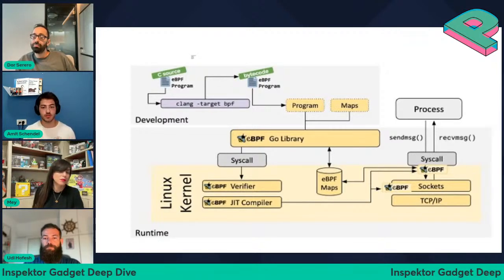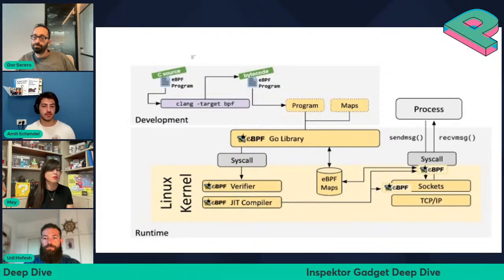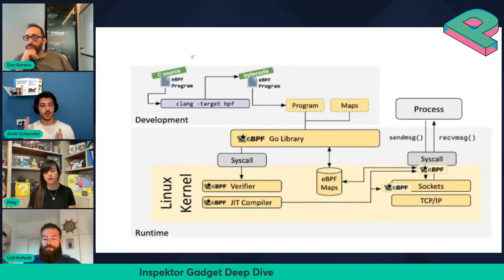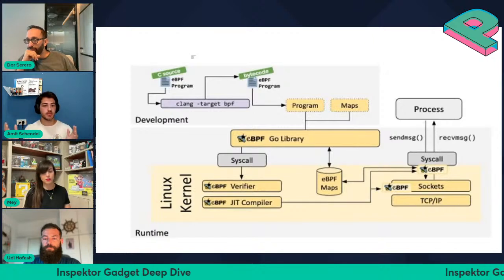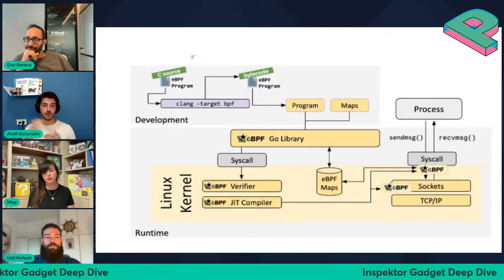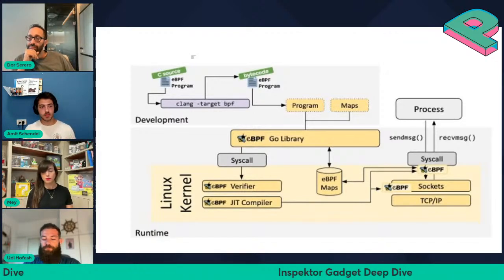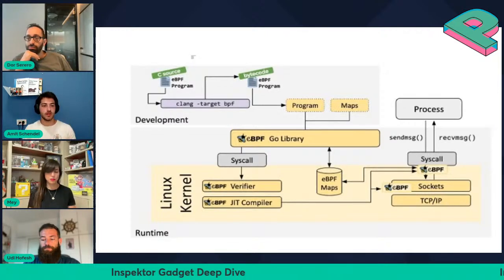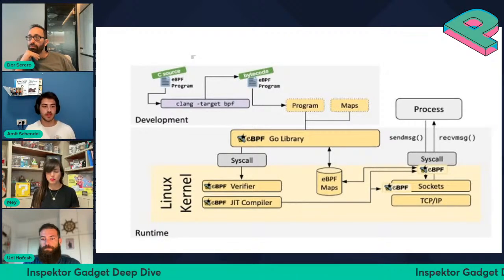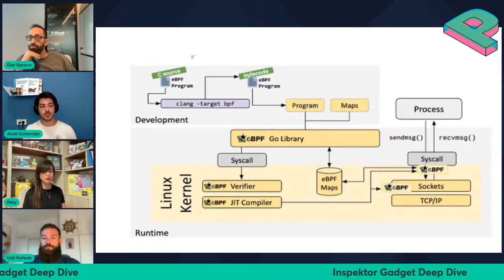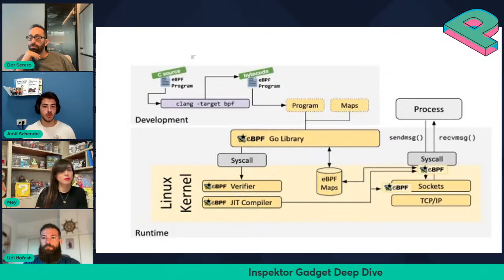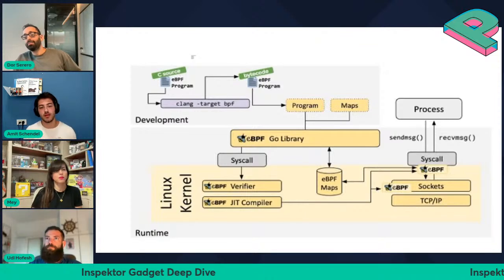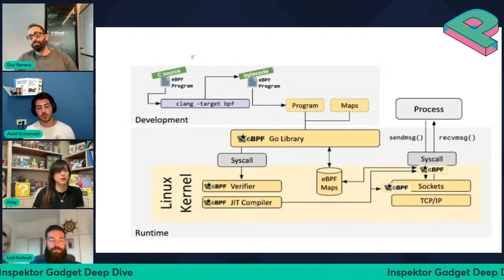The first is that your stack size in eBPF is really small. When you write eBPF code and create a variable, like you do in your Go application, if the variable is quite large, you're not going to be able to load the eBPF program. Maps are a way to store bigger objects that are not stored on the stack, and that way you can use them in your program.